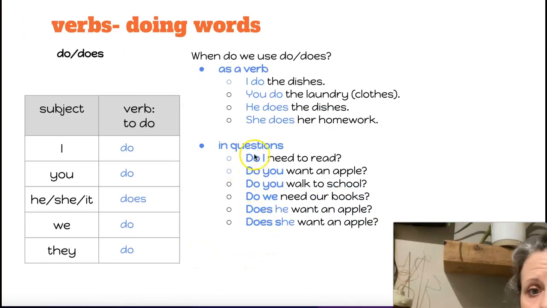With a question, you need a second verb. Do I need to read? Do you want an apple? Do you walk to school? Do we need our books? Does he want an apple? Does she want an apple? So you need a second verb.